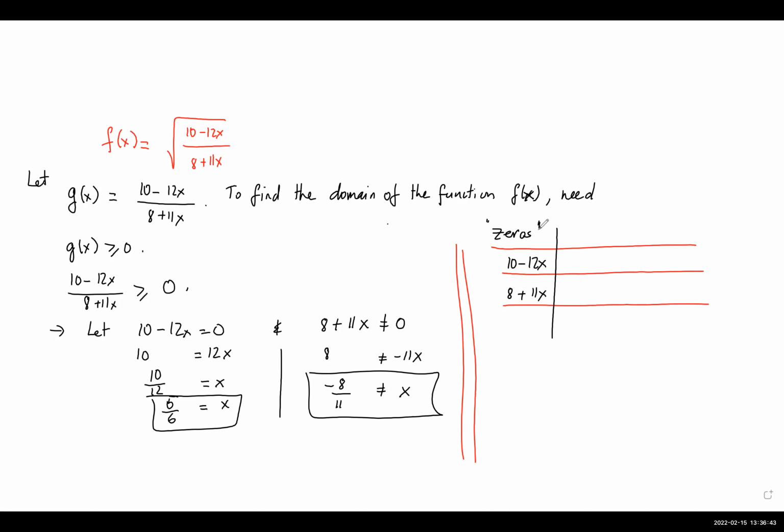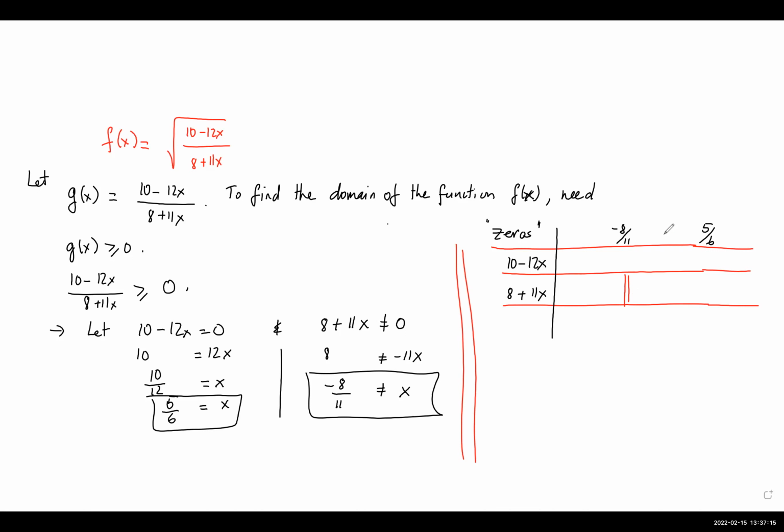We put the smaller number in first and then the bigger one. So from the left side, we see that negative 8 over 11 is the 0 for the bottom. However, it's not allowed to be that number, so we just have a double bar to remind us we cannot divide by 0.